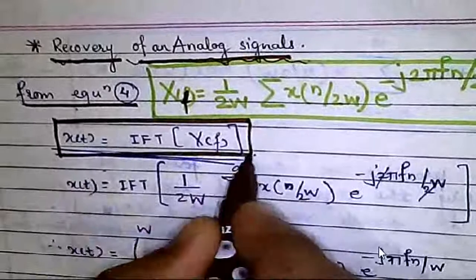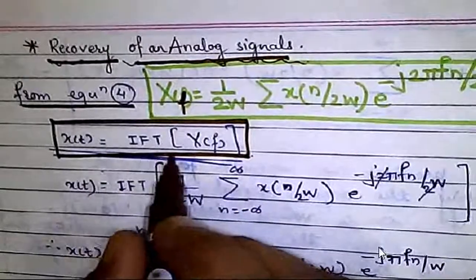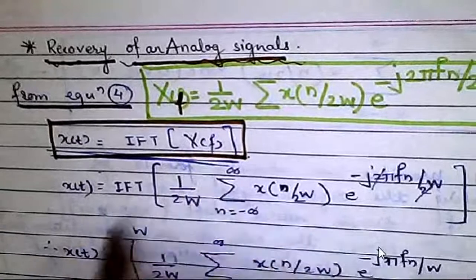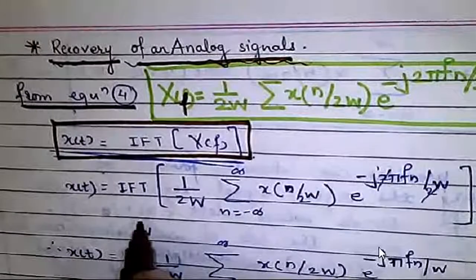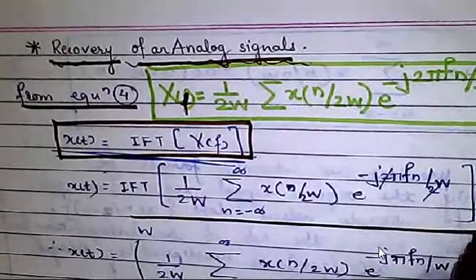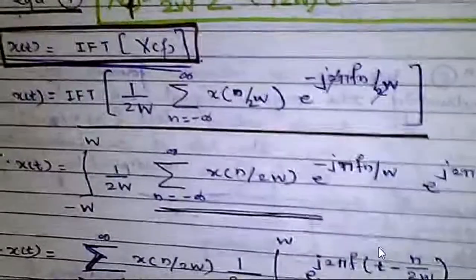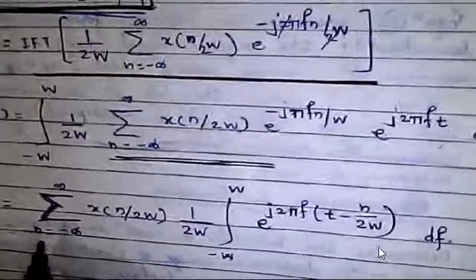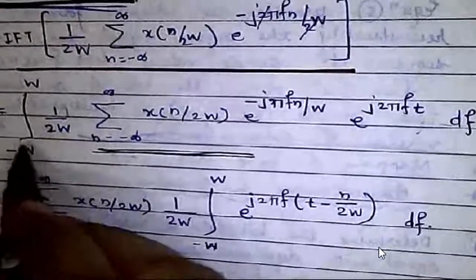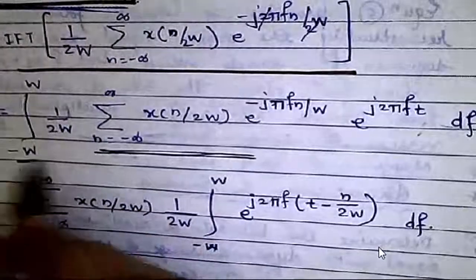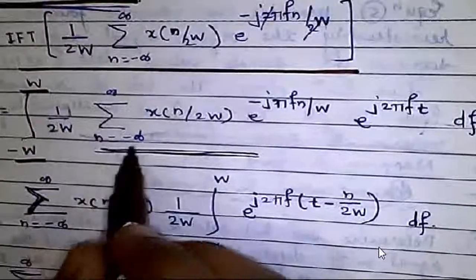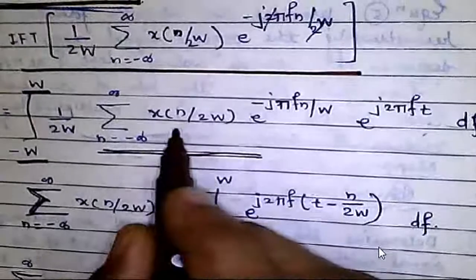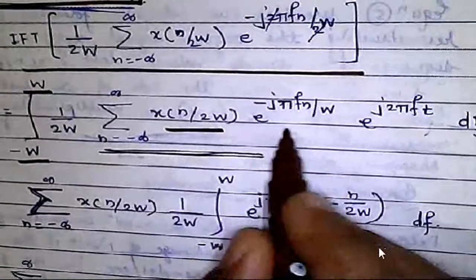X of t is equal to the inverse Fourier transform of X of f. So it will be taken like this. Once we have written it, for finding the inverse Fourier transform of this particular statement, it can be further split like this: integral from minus W to plus W, 1 upon 2W, summation n equal to minus infinity to infinity x of n by 2W.